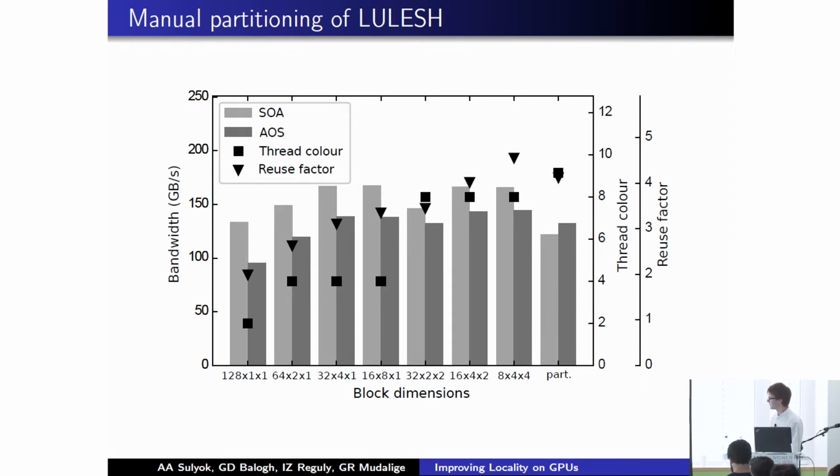What we can see is that the last column, which was the result of the Metis algorithm, achieved the highest number of thread colors, actually one more than would have been necessary. But the best performance was achieved with only 4 colors and the highest data reuse within those numbers.